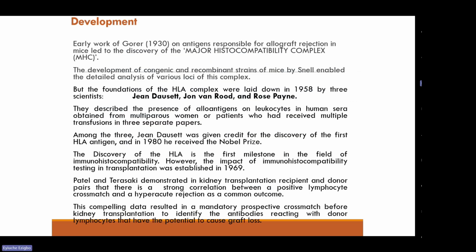So this complex of the human body was recognized during the early work of Gorer as antigens that are responsible for allograft rejection in mice. They discovered that during tissue transplantation, some tissue transplants are successful while others are not successful.